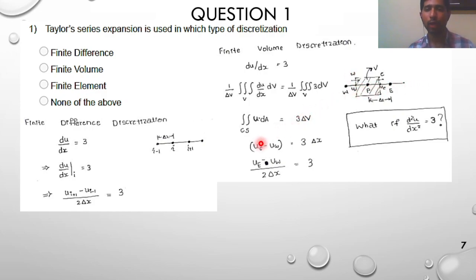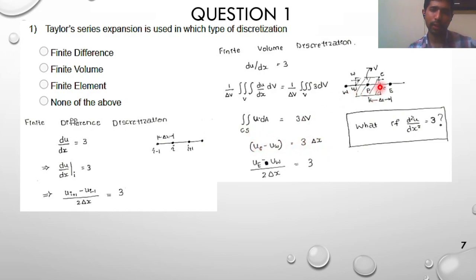So I'll get only u_e minus u_w. If I had 2D, I might have got u_n minus u_s also. And delta v will be nothing but delta x, because I have assumed infinity, so usually we assume a length of 1 in the y and z directions. So 3 into delta x into 1 into 1 will be delta v, which is just 3 into delta x.